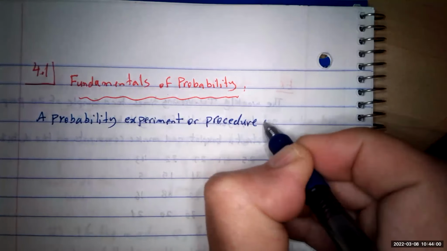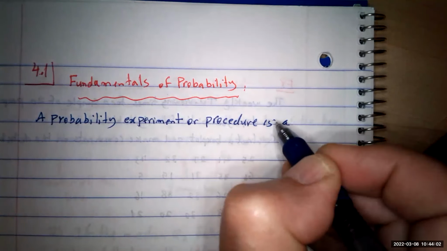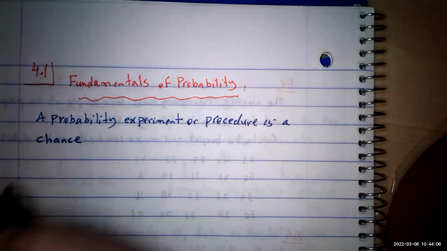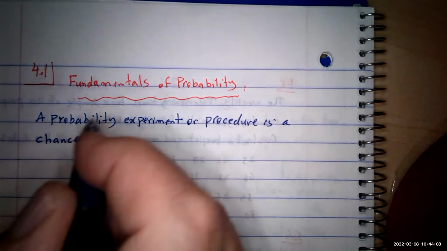Okay, procedure is a chance process, a random chance process that resulted or leads, okay, leads to well-defined result.